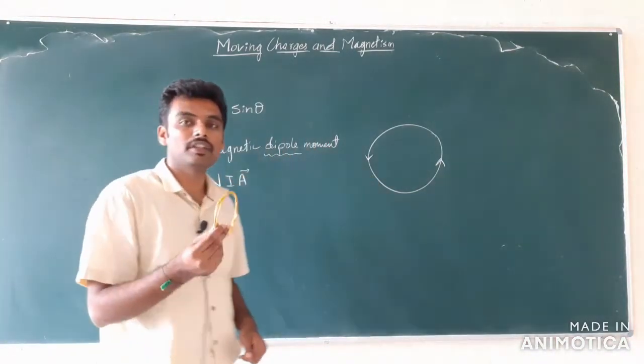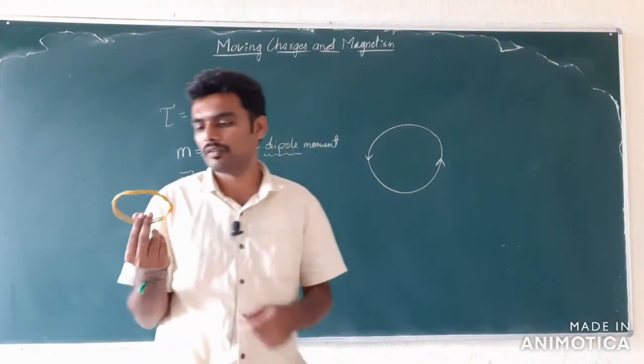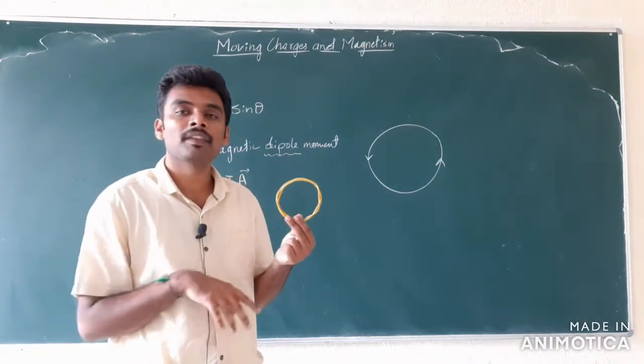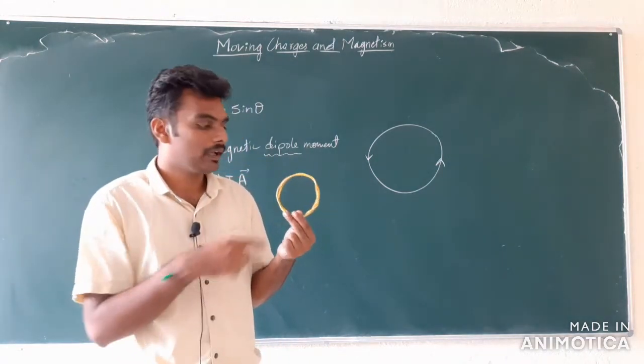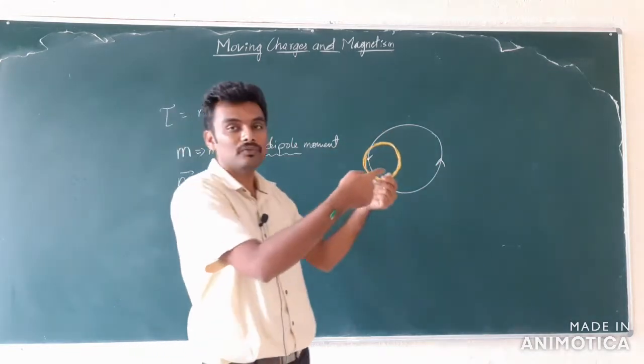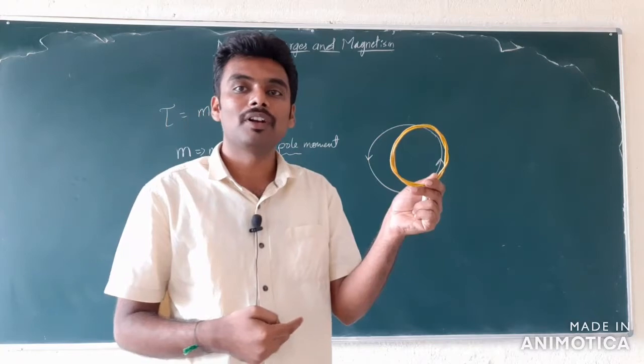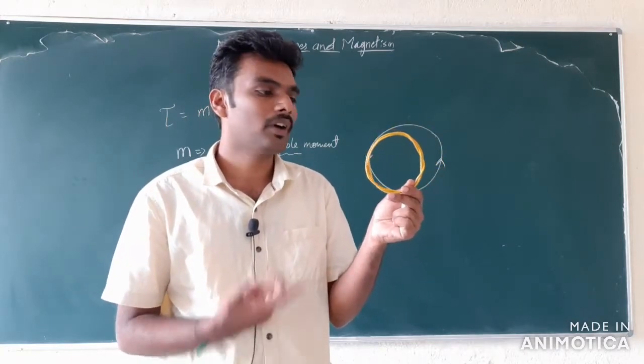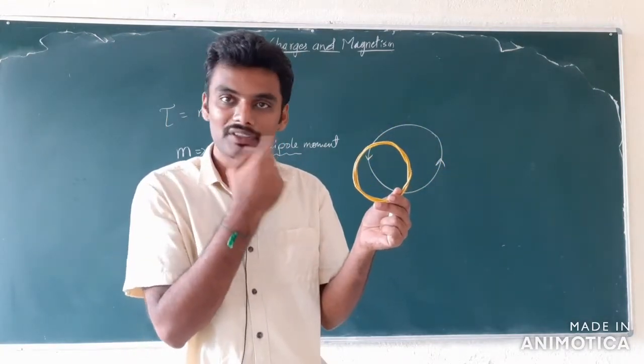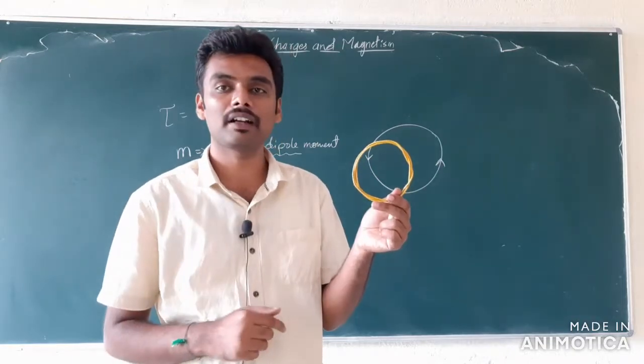Right. So here I have a similar kind of coil of say 2-3 turns. And if the current is flowing in the same way like this, then how do we see the magnetic poles in this current carrying conductor?